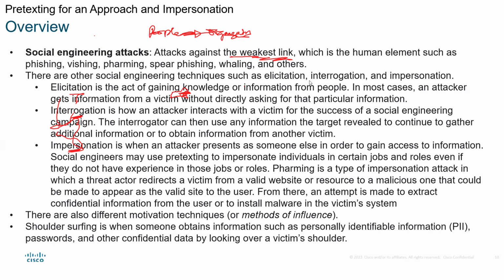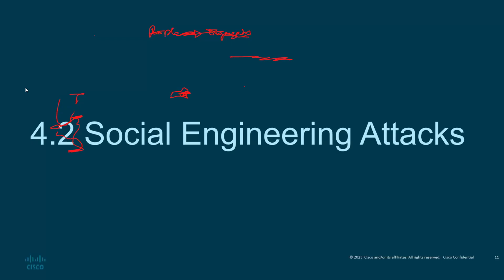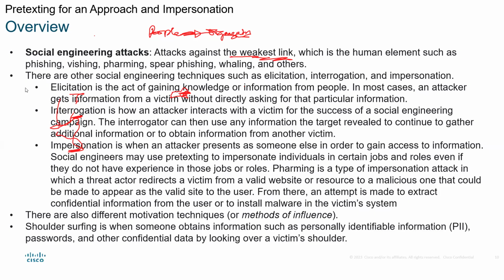So one thing you can do is to ask for the information. Once you ask for the information, it can give you chances of actually grabbing that information from the individuals. Then another thing is interrogation. Here the person is trying to interact with the victim to see if he can be successful. The next thing is impersonation. This is where, first of all, you have several pieces of information about individuals in the organization.